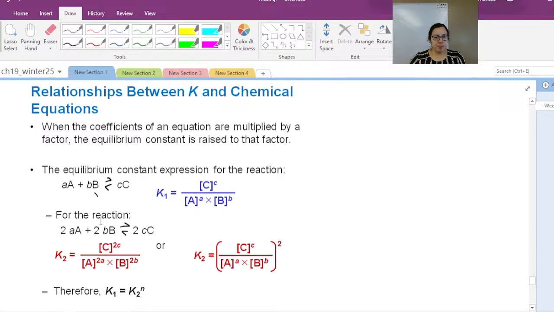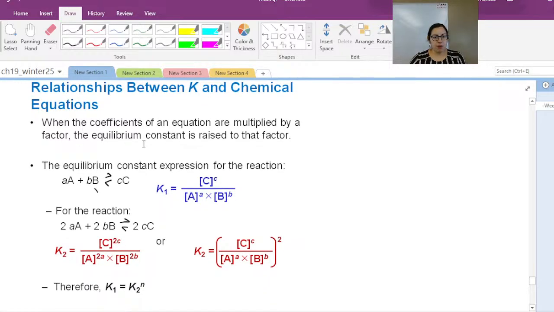And then if we have a coefficient of our reaction multiplied by a factor, then our equilibrium constant is raised to that power. We can see this mathematically. Let's just say we have aA plus bB gives us cC. So, of course, write our equilibrium expression.